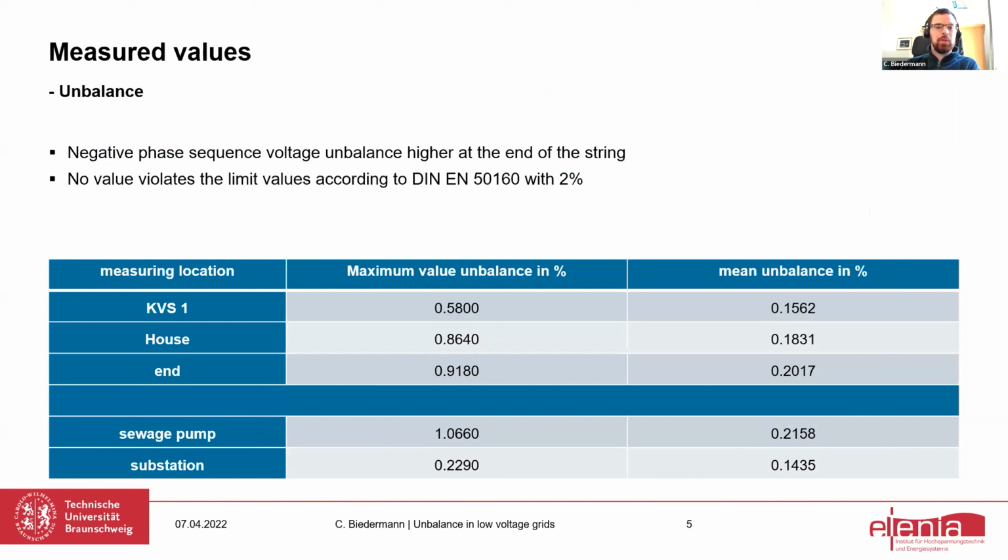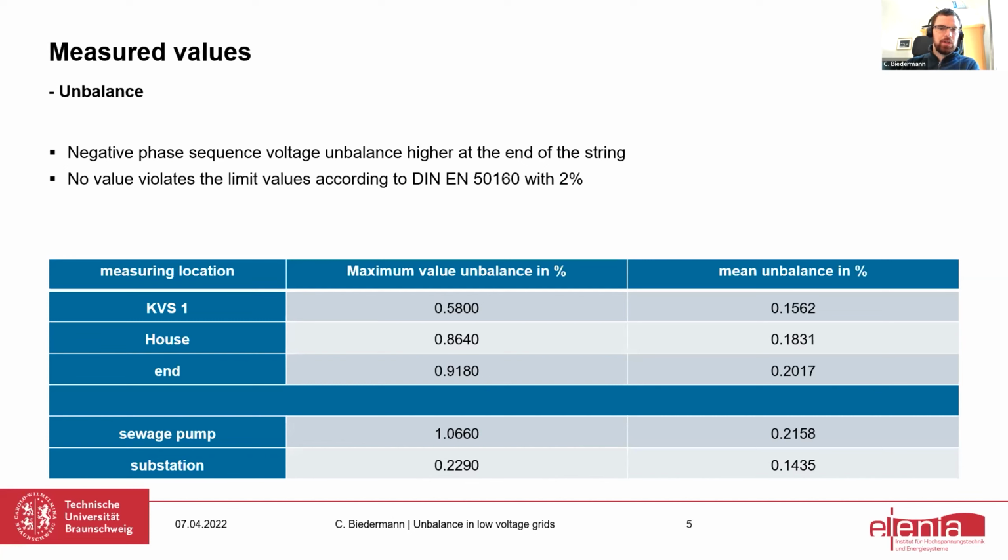The unbalance factor by the European standard 50160 should be below 2% when it's not a special state, and the 2% should be a 10-minute mean value in 95% of the times in the week.